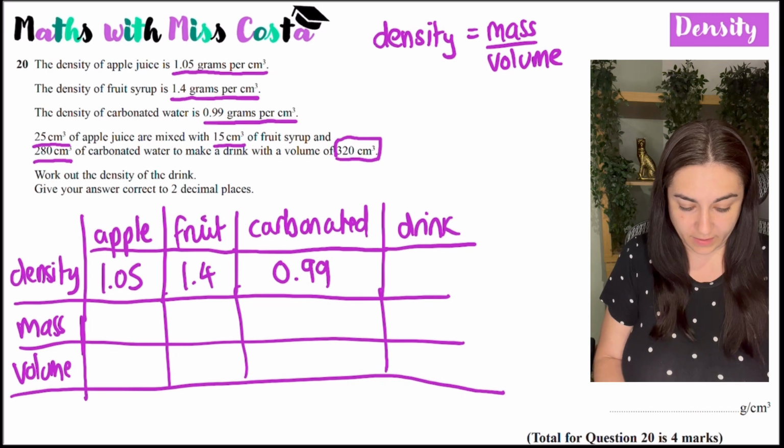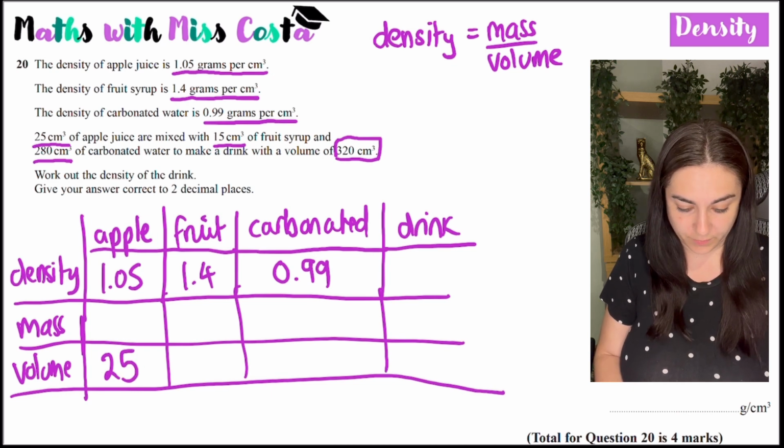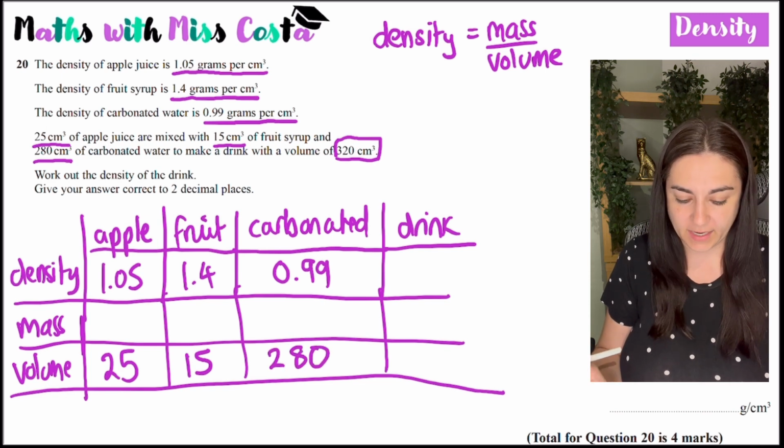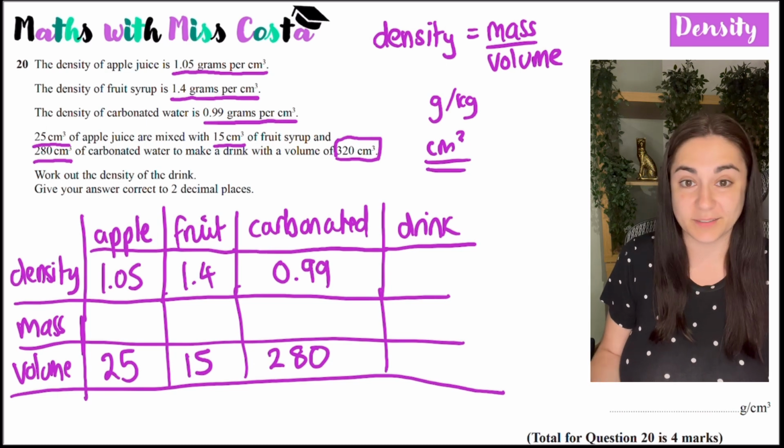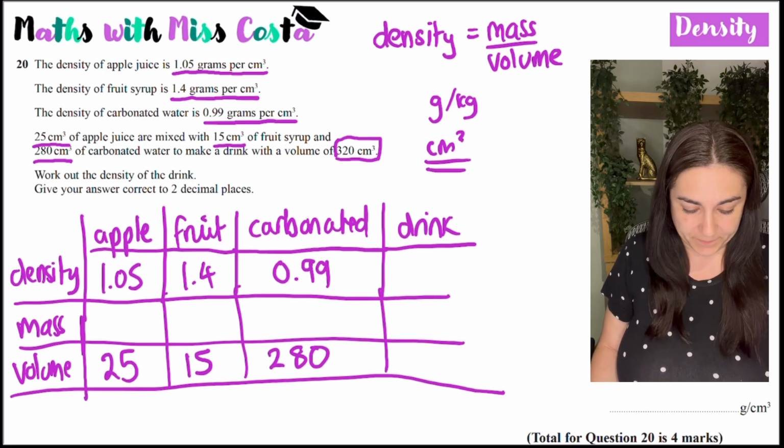I know that the volume of apple juice is 25 centimetres cubed. The volume of fruit syrup is 15 centimetres cubed, and carbonated water is 280 centimetres cubed. So mass is like a weight, so it would be in grams or kilograms. Volume is always going to be in centimetres cubed or like millilitres. And I need to work out the density of the drink.